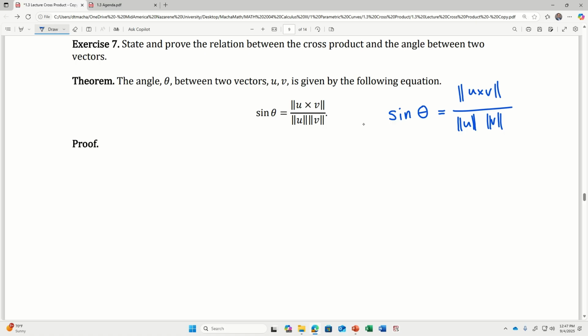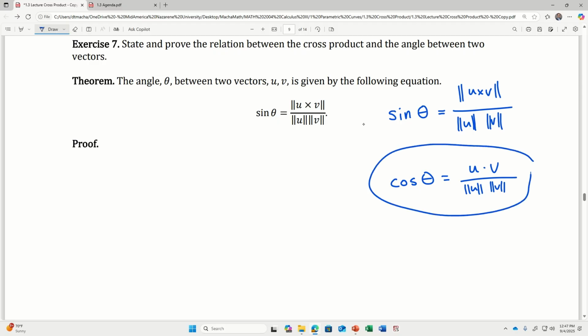Do you remember last week we said cosine of theta is equal to what? The dot product over the magnitudes, or the norms. So this is from last week. We were talking about the dot product. But this is the new thing that you have to also know.